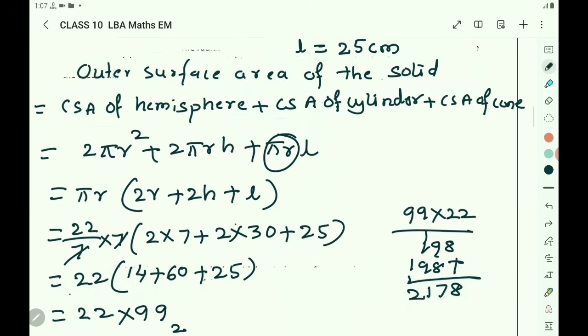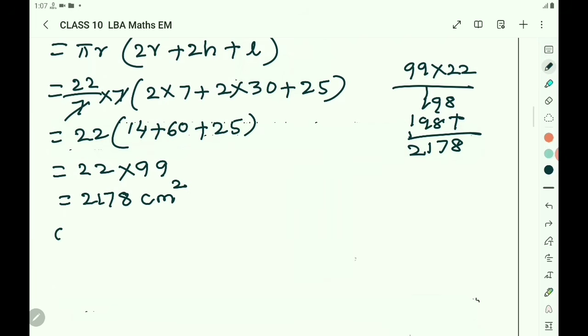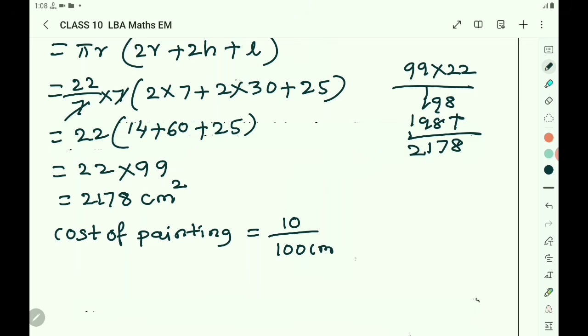Then you write cost of painting equals surface area into 10 by 100. For 100 cm square, rupees 10. Therefore, for 2178, write 10 by 100 into 2178.